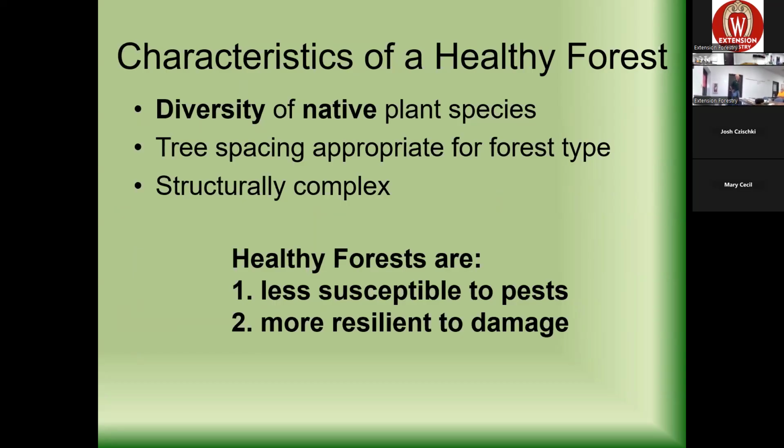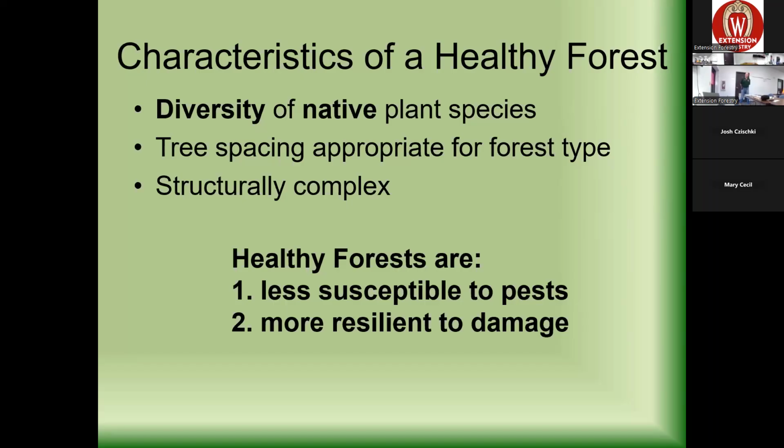Because when we talk about a forest, we're talking maybe more than just the trees themselves, as we'll talk about here in a bit. But if we have a healthy forest, we have a diversity of native plant species. We're going to have a wide variety of trees, bushes, shrubs, herbaceous ground cover plants. That's why last week we were talking about invasives. One of the problems with invasives is it really starts to cut down on the diversity within our landscape.